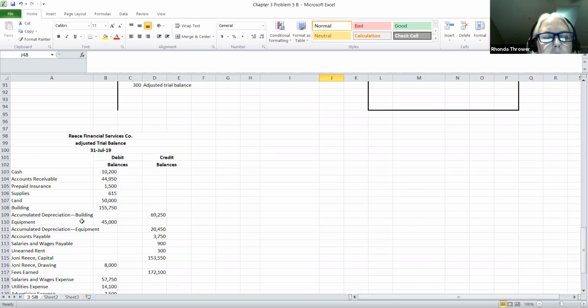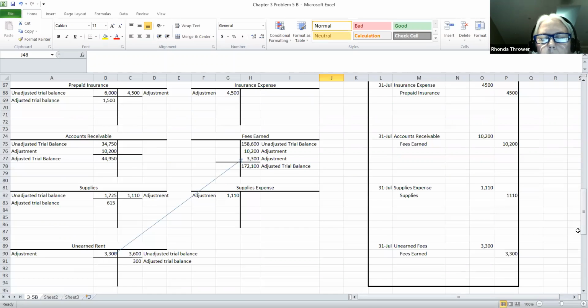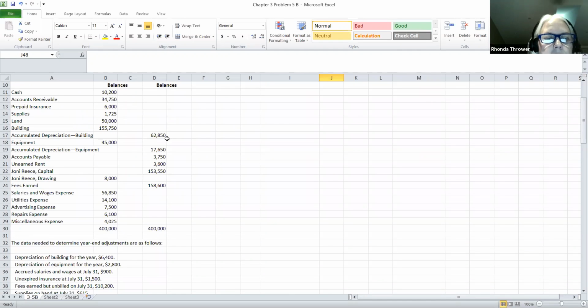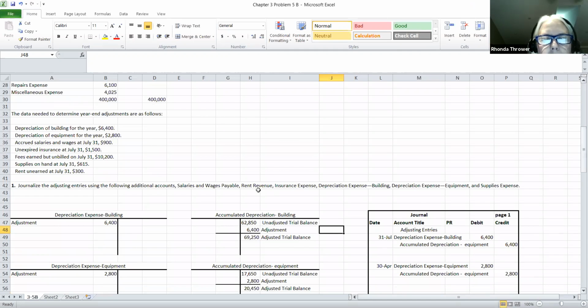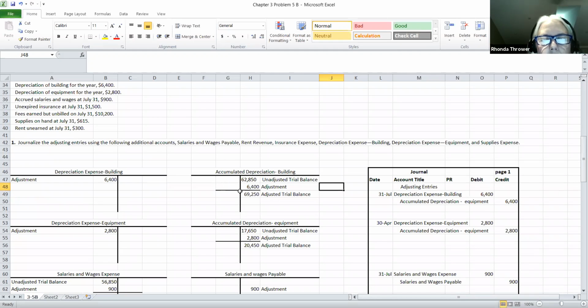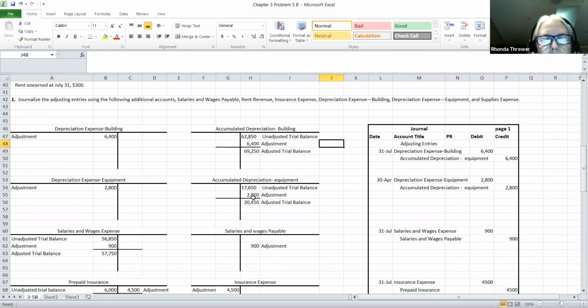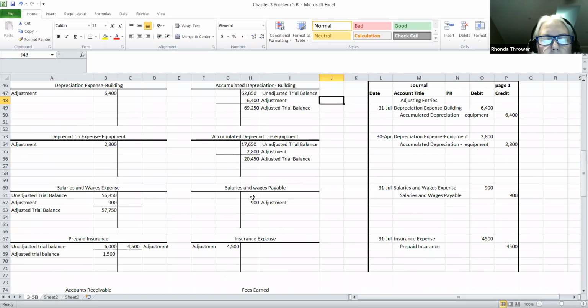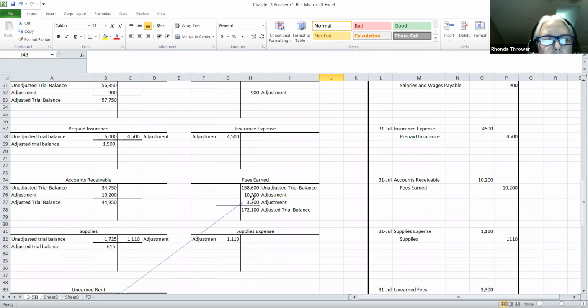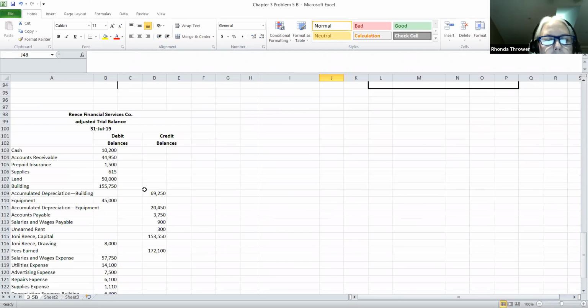The accumulated depreciation account, which would go next, this is the previous balance in accumulated depreciation for our building. Remember, we adjusted it, and it has a new balance of $69,250, which is taken into the adjusted trial balance.